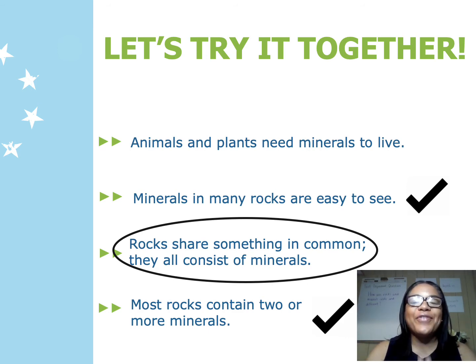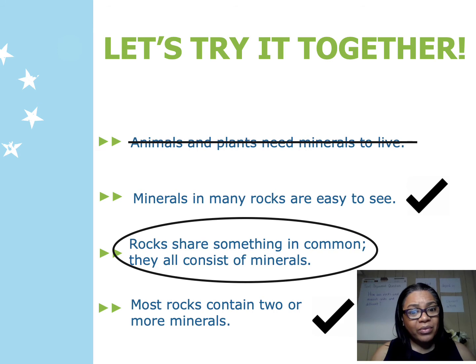Let's look at the first sentence. I hope you crossed that one out, or eliminated it. Animals and plants need minerals to live. Now, that sentence, while it's true, it really doesn't connect to our topic sentence, because in our topic sentence, we're not talking about animals or plants.